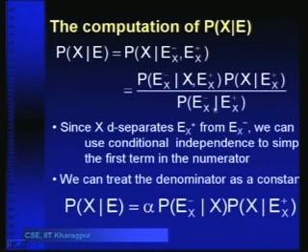And this denominator is just the probability of the evidence Ex minus given the evidence Ex plus. So, we treat the denominator as a constant and we will name it alpha. And we know how to compute this for a given set of evidence nodes. We are going to come back to this later. Now, we have two main terms to compute, P(Ex minus | x) and P(x | Ex plus).